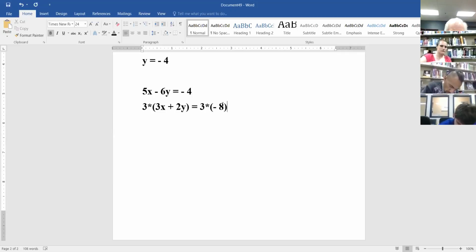And although I don't have to put the parenthesis around the -8, it helps to be sure that we're multiplying 3 times the -8. Okay?